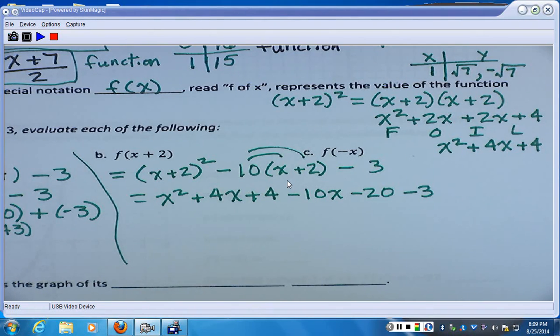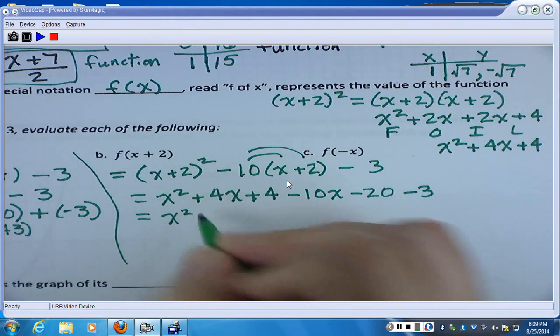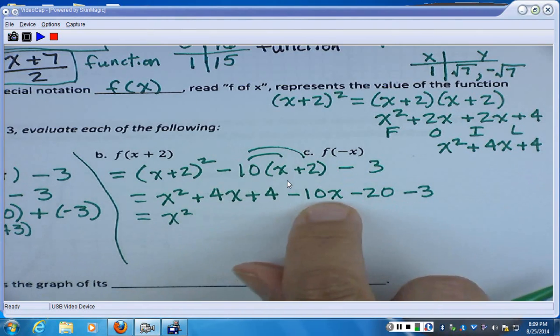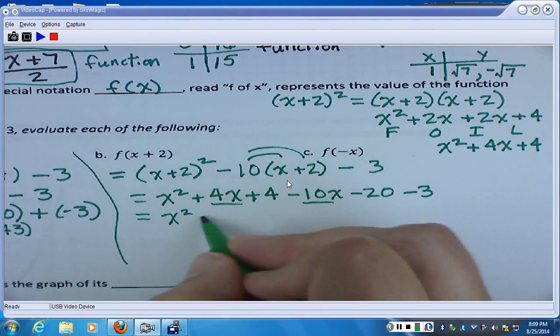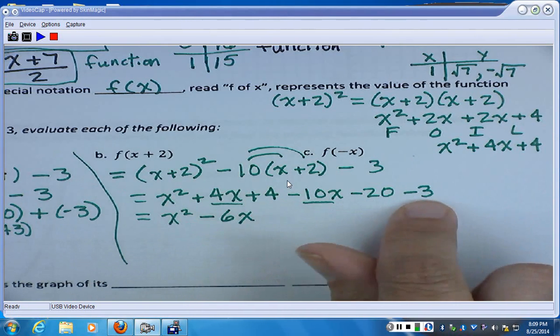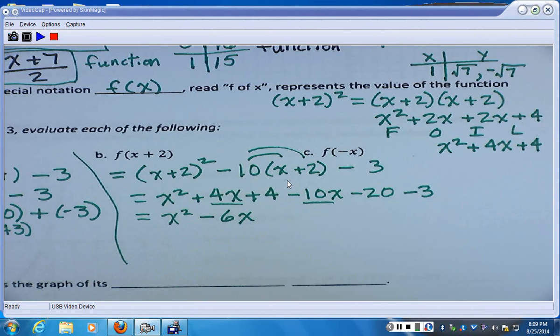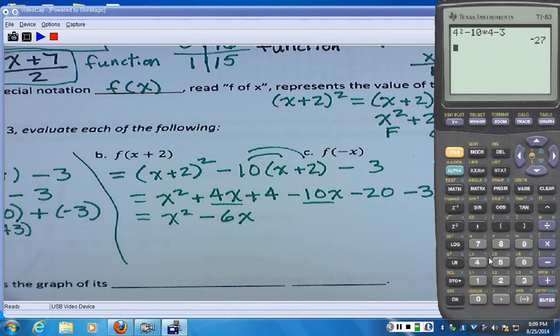Then you're going to combine your like terms. There's only one x squared term, so that stays there. You have a 4x minus a 10x. 4 minus 10 is negative 6x. Then you have a 4 and a negative 20 and a negative 3. And so you can, if you want, take your calculator and do 4 minus 20 minus 3.